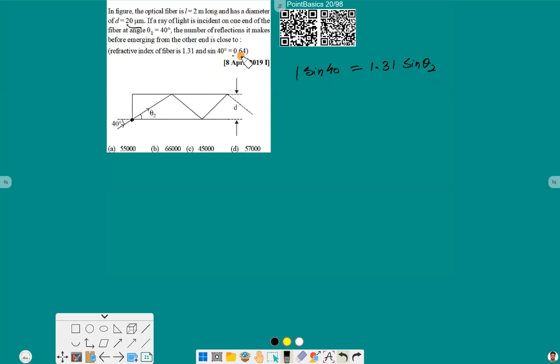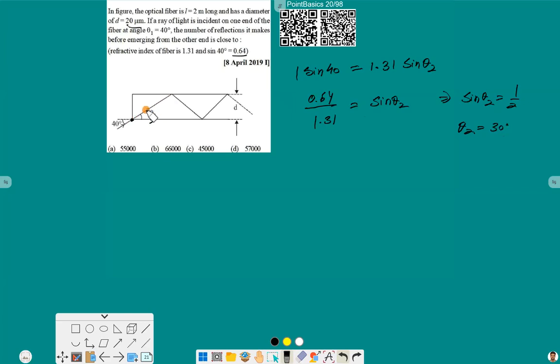Now sine 40 is already given to us as 0.64, so 0.64 by 1.31 is equal to sine theta 2, and this will be approximately equal to half. So we can assume that sine of theta 2 is equal to half, and theta 2 is going to be 30 degrees. Now we have this value.